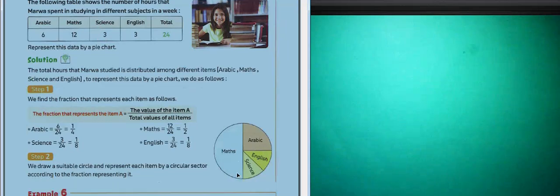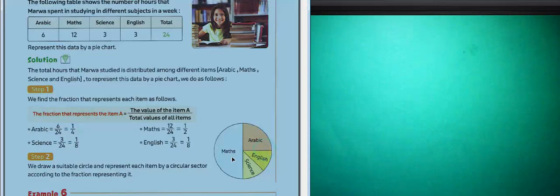We can draw a circle and draw each part. Math will be half of the circle, and Arabic is a fourth, and English and Science are each half of a fourth, 1 over 8.